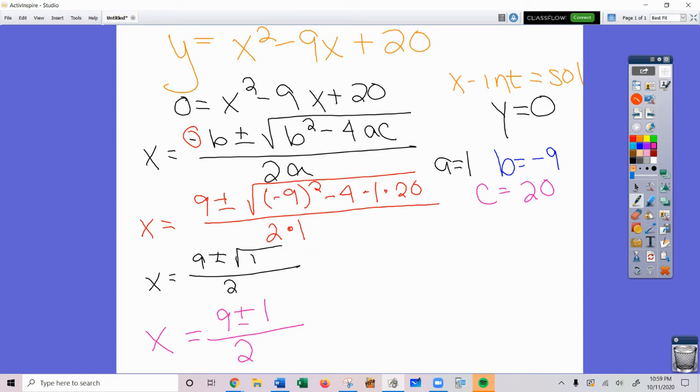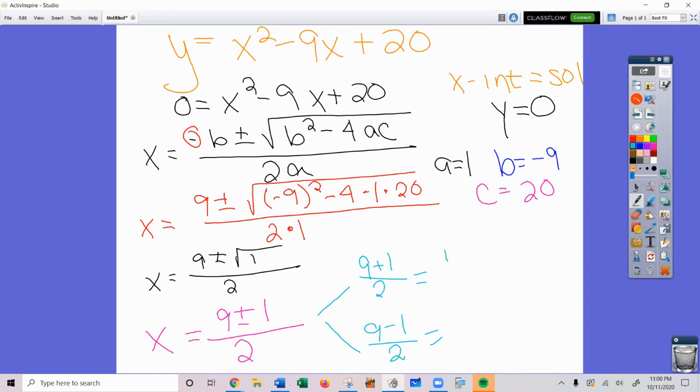What do we want to do next? We should have selected putting this into 2 separate options, right? We need to calculate both options. So we have 9 plus 1 over 2 and 9 minus 1 over 2. And then what are our final answers?